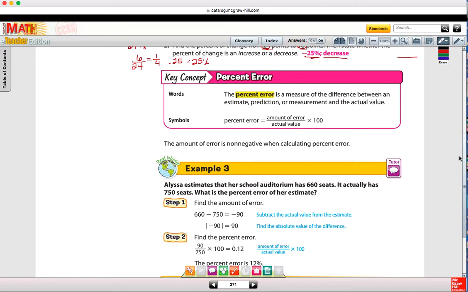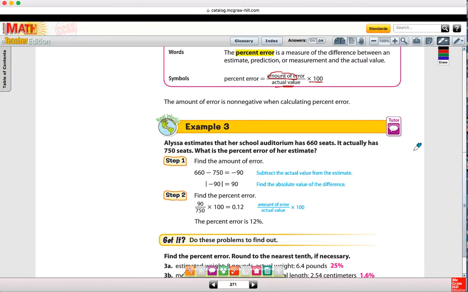The next definition you have here is percent error, and again, it's something similar when you are going to find the difference between an estimate and the prediction or the measurement and the actual value, and then divide by the actual and then multiply it by that 100 to find the percent. So example 3, Alyssa estimates her school auditorium has 660 seats, but it actually has 750.